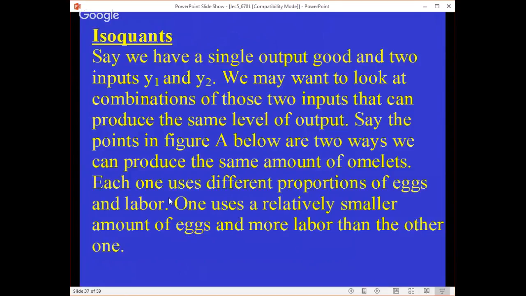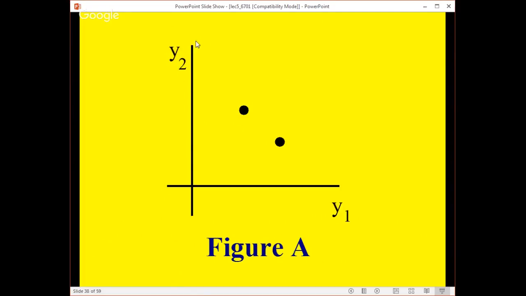One uses a relatively smaller amount of eggs and more labor than the other one. So here it is. I have Y1 and Y2. I can think of Y2 as eggs and Y1 as labor. So I have two ways to make the omelet. I mean, either add more labor or add more eggs.